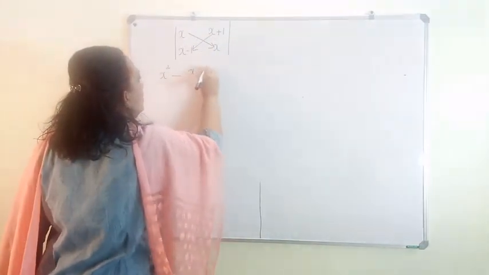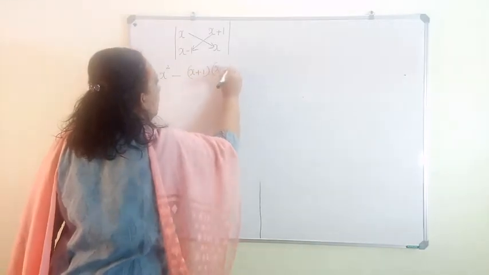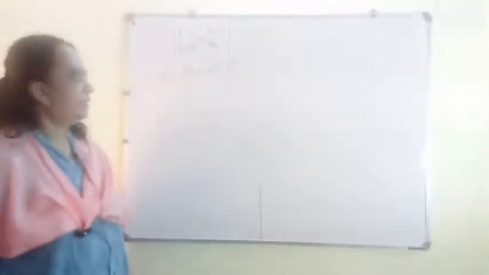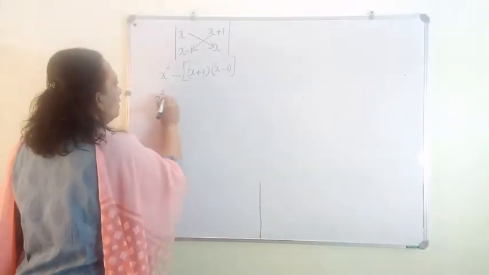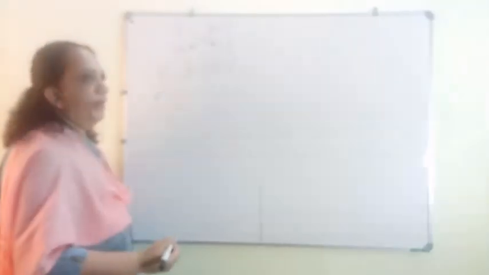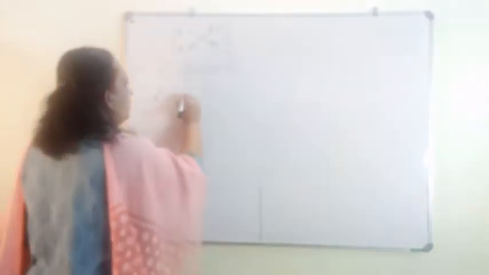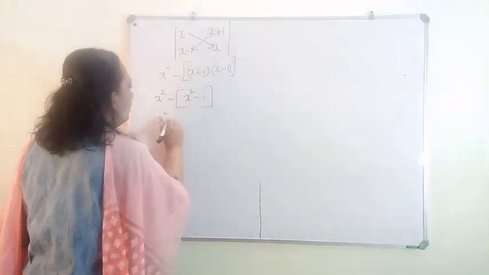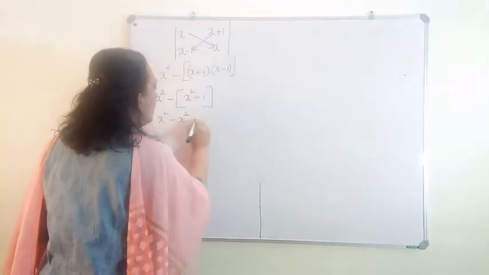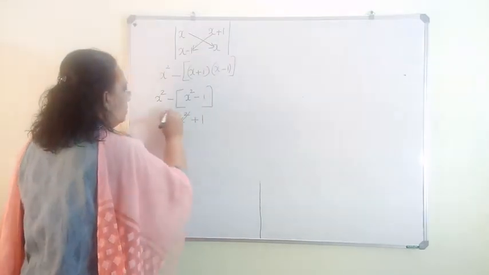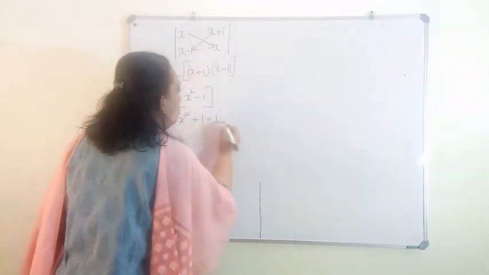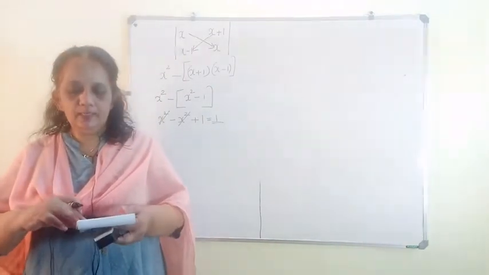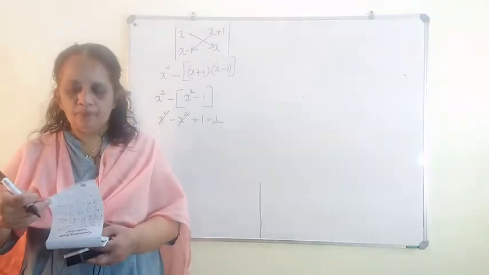X plus 1 into x minus 1 within square bracket, because there are two terms, that is x squared minus x plus 1 into x minus 1 is x squared minus 1. Open the bracket, x squared minus x squared, minus of minus plus. So this and this cancel, it is equal to 1. So these types of questions are very important because you will get one word answer questions.